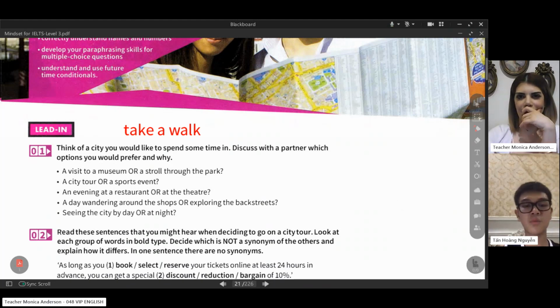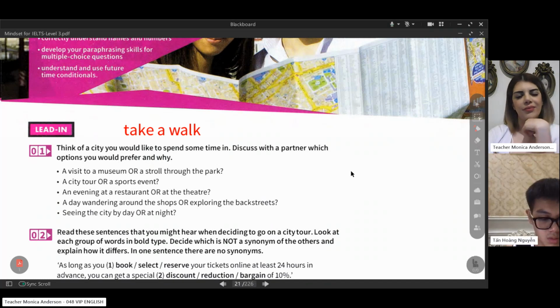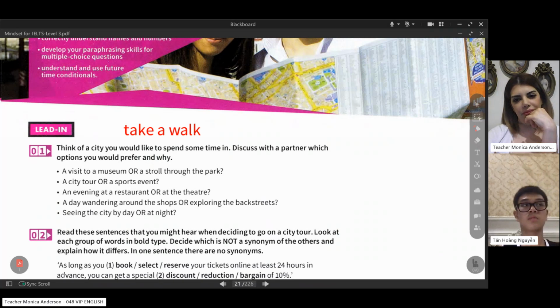Teacher, is take a walk the same meaning as have a walk? Yeah, of course. But we normally take a walk, we don't have a walk. It's better to say take a walk. Why say have a walk?